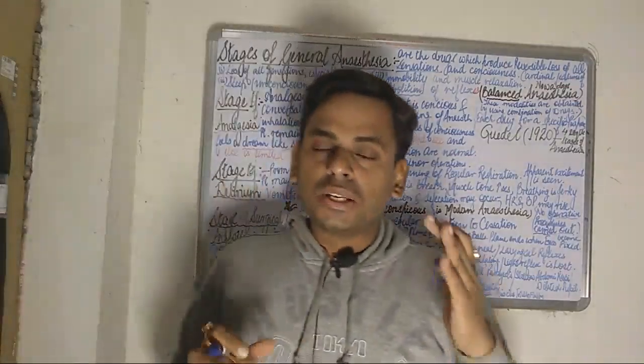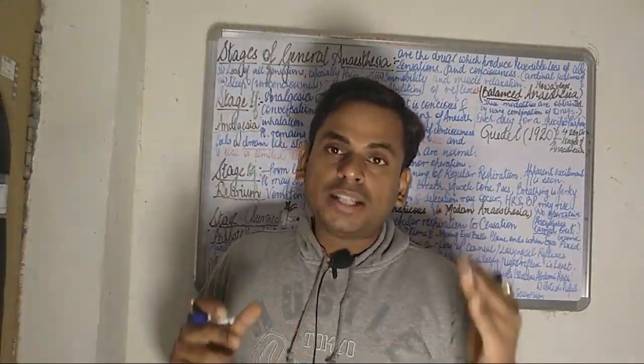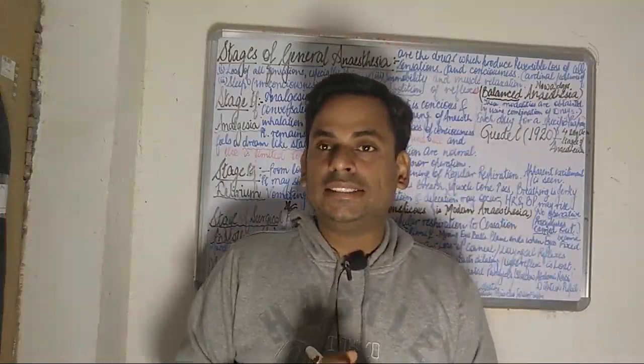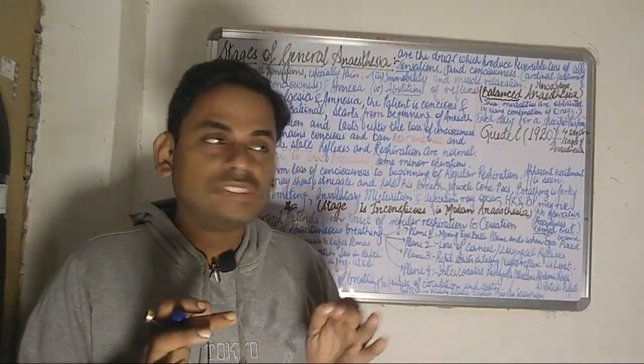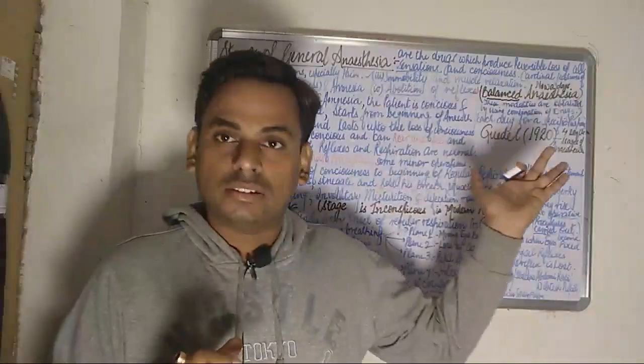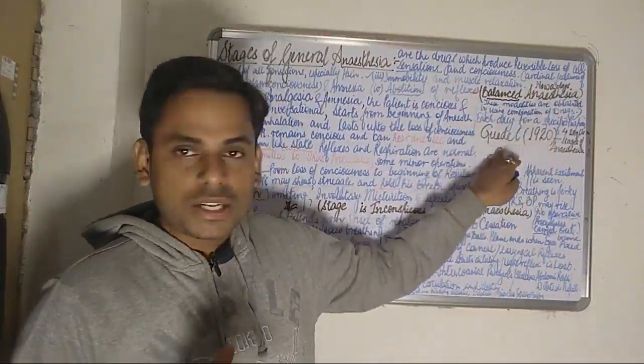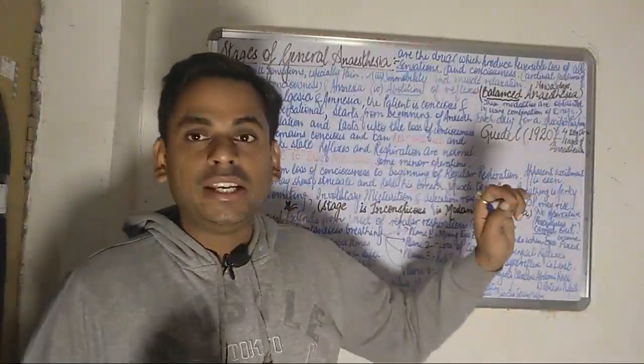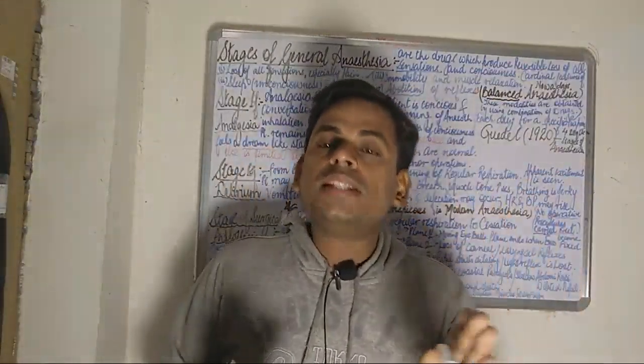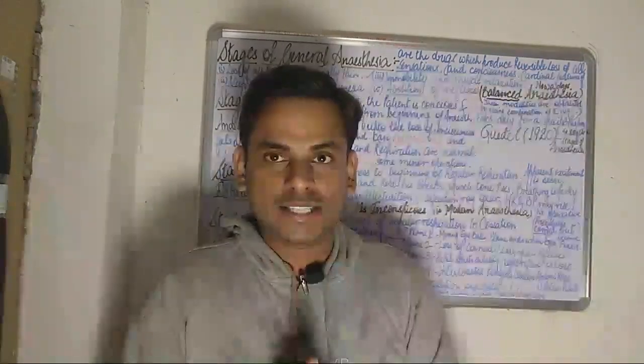So looking into the history to understand the stages of surgical anesthesia, I would like to emphasize that it was Guedel. When looking at the history of general anesthesia, it was Guedel who in 1920 gave four sequential stages of general anesthesia.